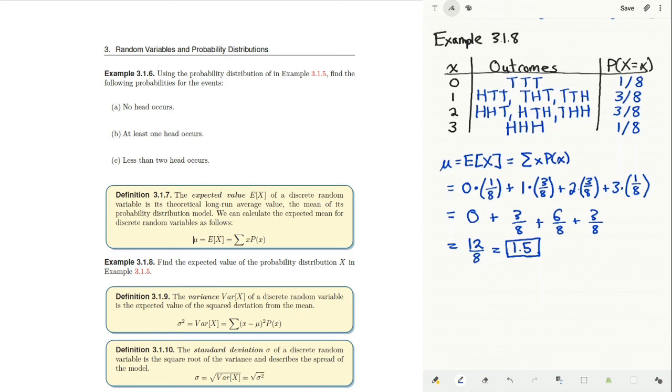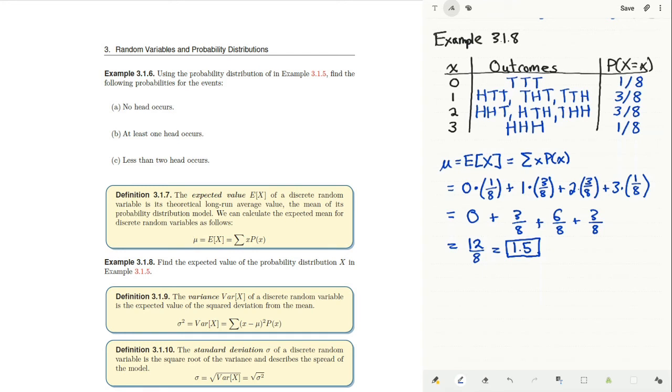So what this means is that on average, we should expect 1.5 heads over many, many trials for 3 coin tosses. And this should make sense since we assume that our coin is fair, so we should expect heads to appear 50% of the time. And 50% of 3 is 1.5.